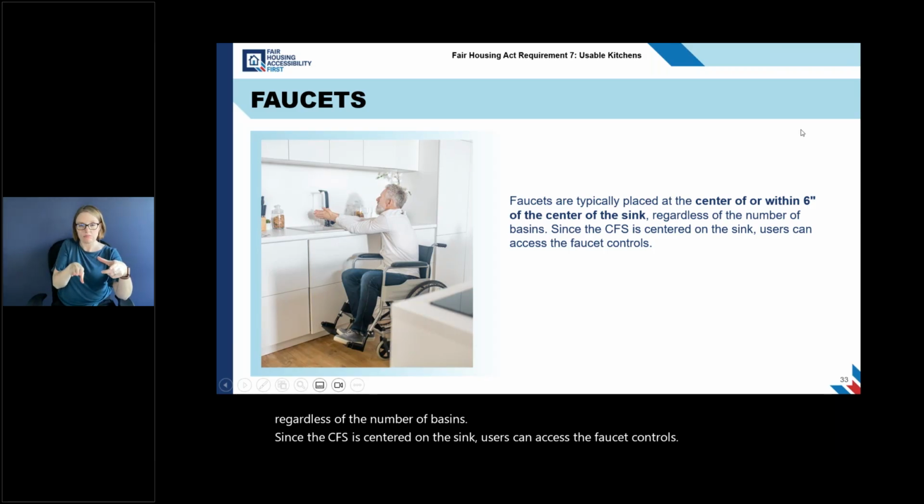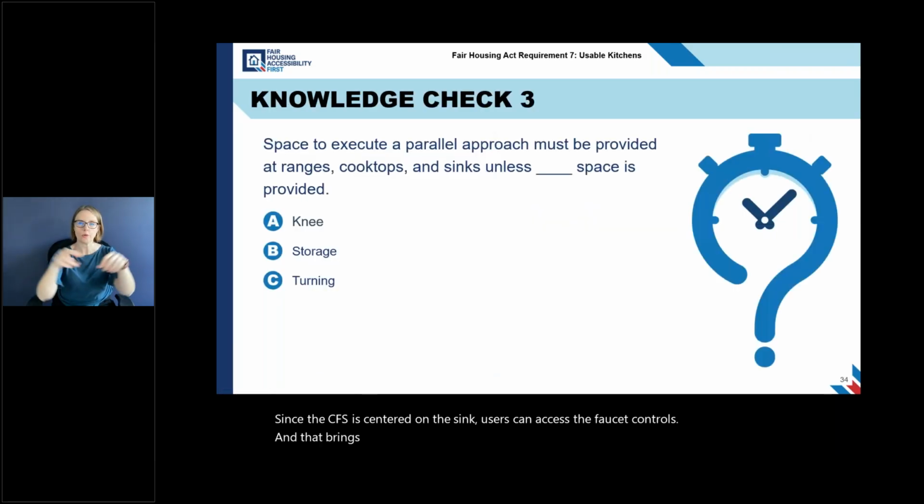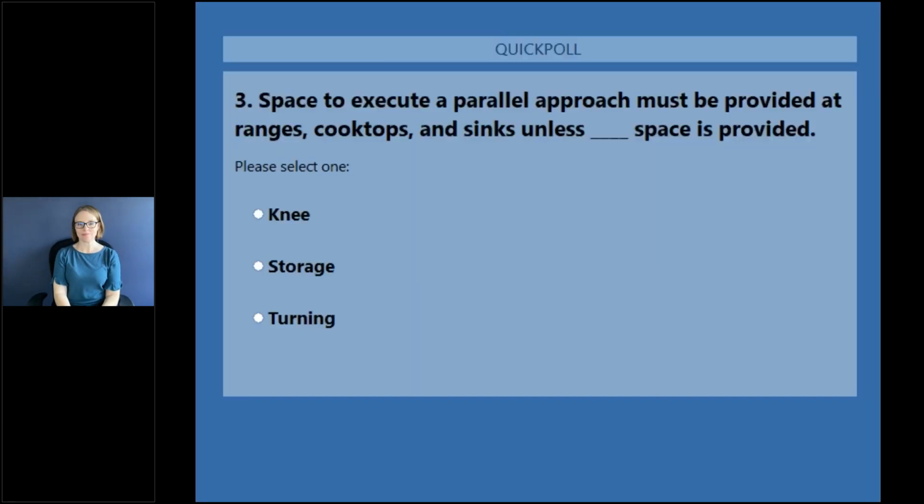And that brings us to Knowledge Check 3. Knowledge Check 3 reads, space to execute a parallel approach must be provided at ranges, cooktops, and sinks unless blank space is provided.